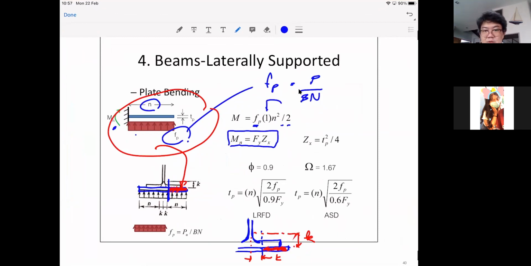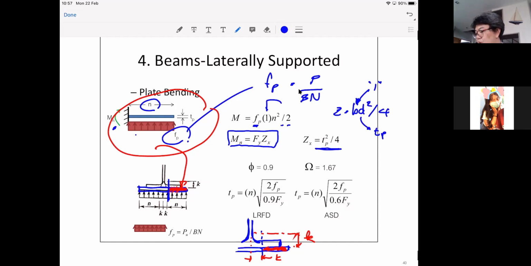And the plastic section modulus, if you can recall, is Zx equals Bd squared over 4. But we consider the width equal to 1, so these terms become d squared over 4, and d this time, the depth, is the thickness of the plate. So the Zx becomes just the thickness of the plate squared over 4.